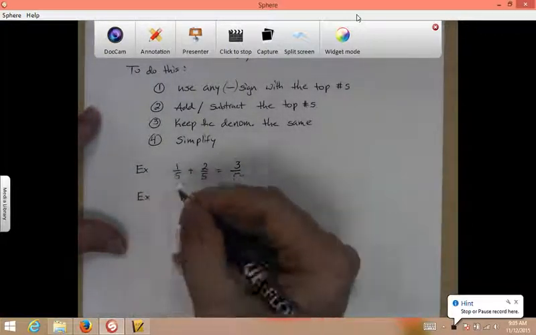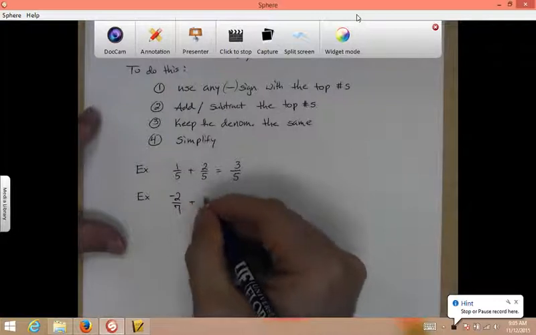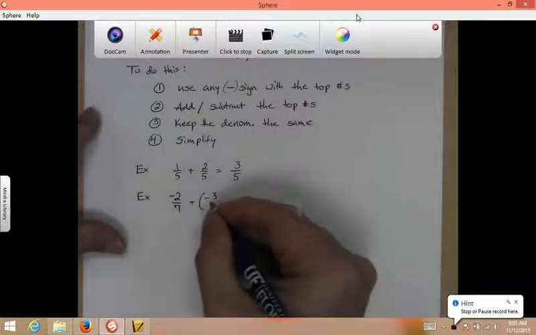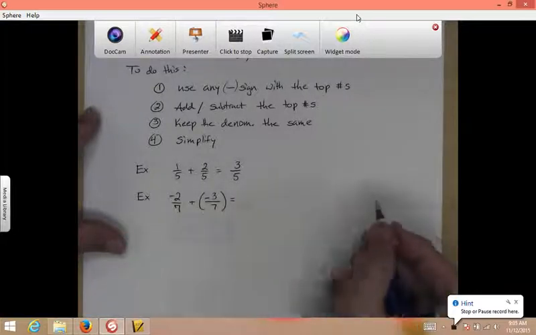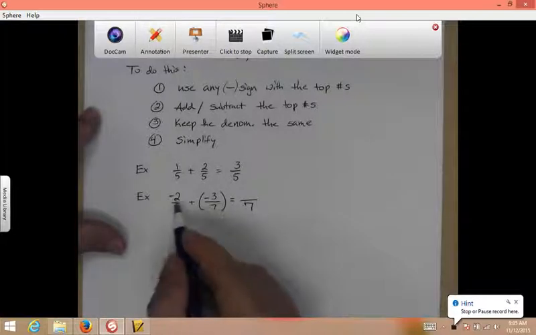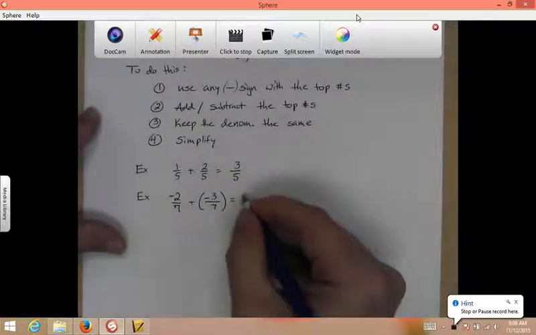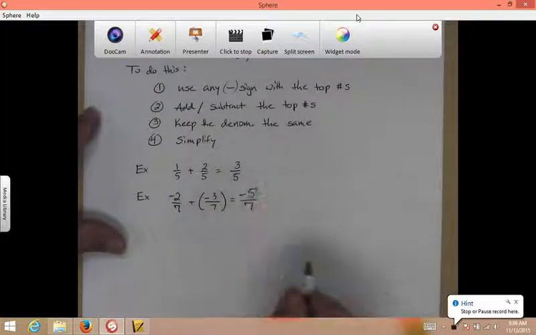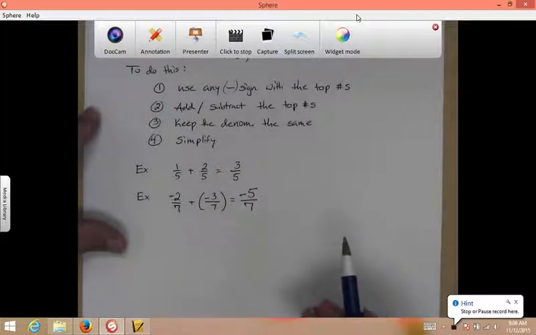Next example. -2/7 plus -3/7. Denominator 7 stays the same. -2 plus -3. Well, 2 negatives and 3 negatives make 5 negatives. So just keep that negative sign, pretend it goes to the top number, just go straight across.